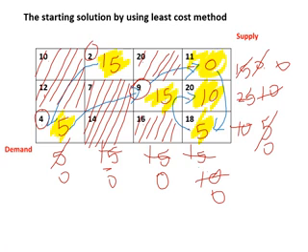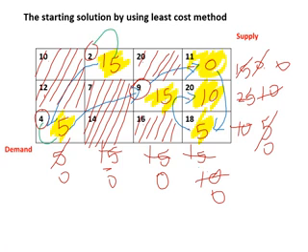Okay, let's now move to the last step in this method, which is calculating the starting solution for this problem by using the least cost method. As we do in the northwest corner method, we will multiply each cost by its associated quantity shipped.